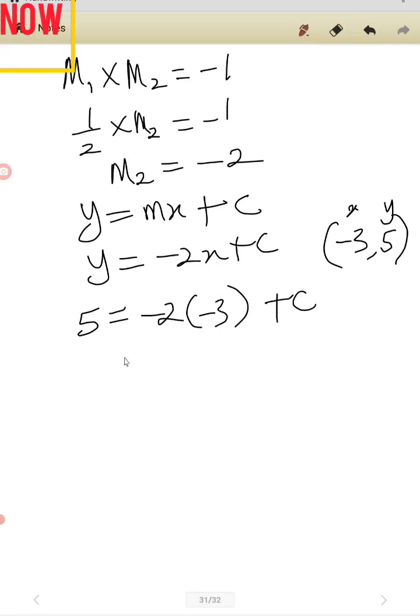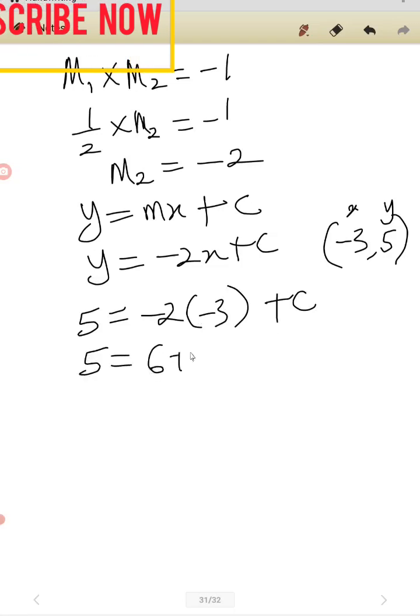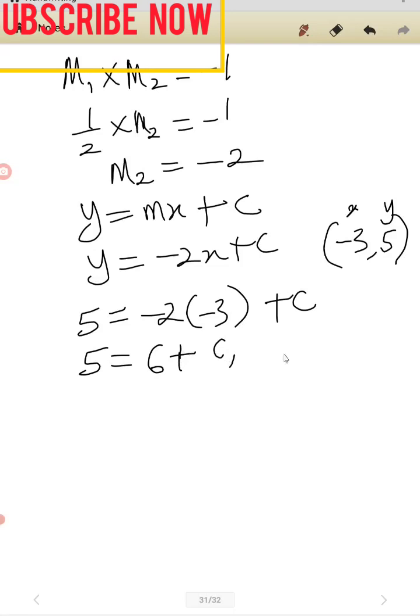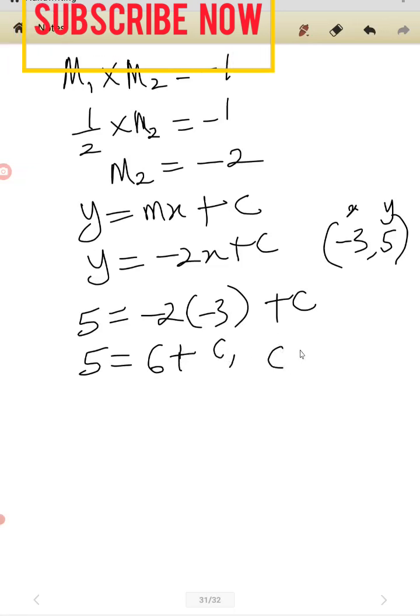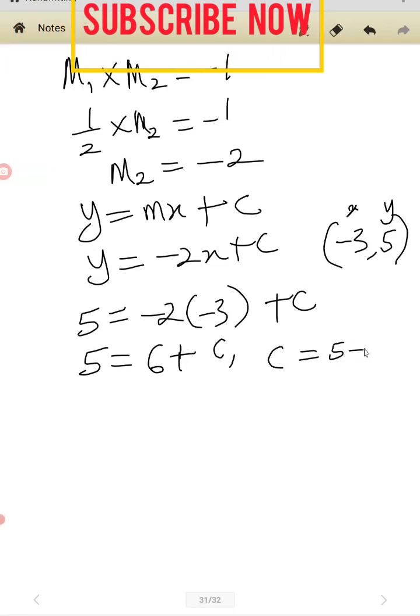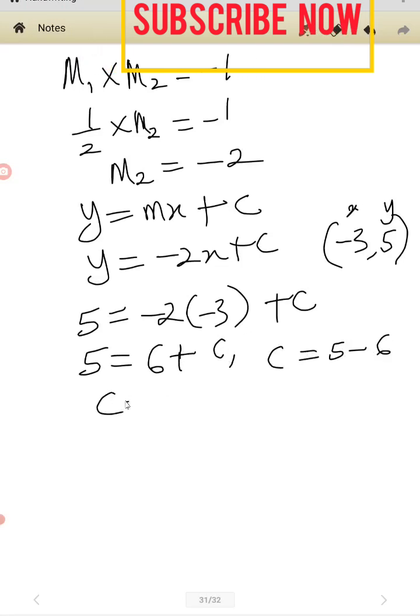We want to get the value of the intercept. We have 5 is equal to 6 plus c. Therefore, c is equal to 5 minus 6, so our c is equal to minus 1.